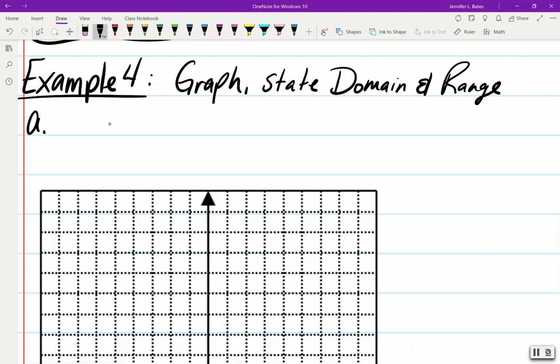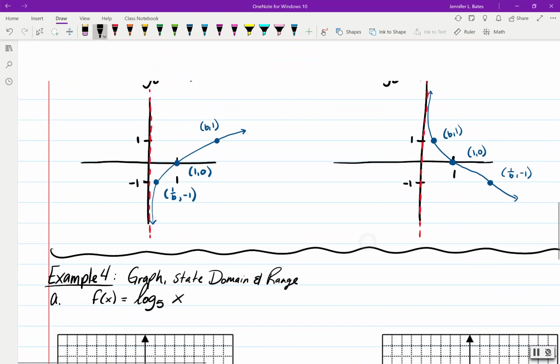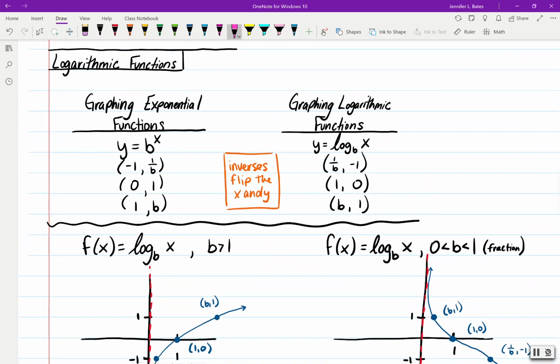So in problem A, we're given f of x is equal to log base 5 of x. Now, at the top of every assignment, every quiz, every test, I've already written out this list.